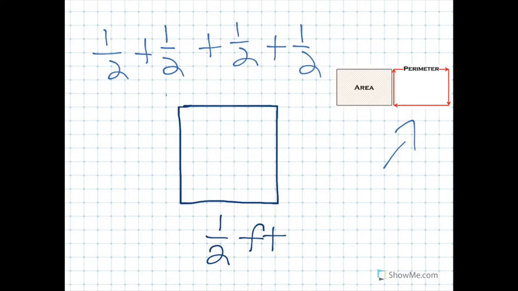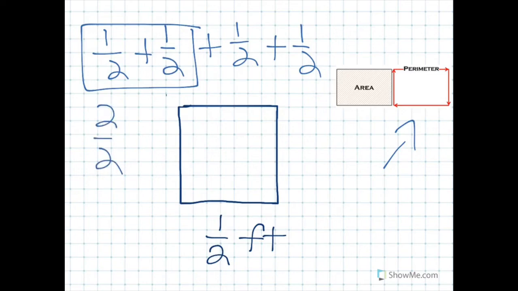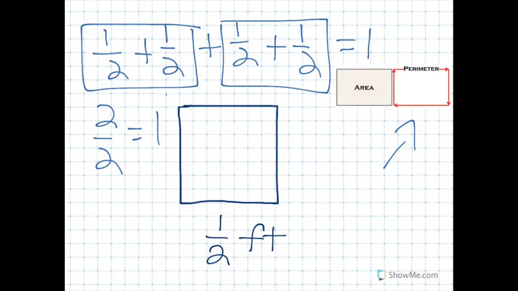Now, if we just look at our first 1/2 plus 1/2, we know it's 1 plus 1. That gives us 2/2. Now, when we have the same amount in the numerator and denominator, that gives us 1. So, since we split up the fractions, we're going to look at this other half of the fractions, and this gives us 1 as well. So what we can do now is we'll erase this.